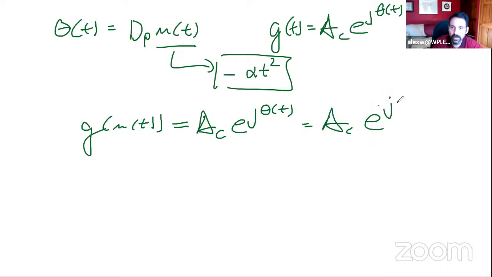So it's going to be equal to minus dp alpha m of t, alpha t squared, correct? All right. So now what we want to do is take the Fourier transform of that. So let's say we want to find what g of f is equal to.